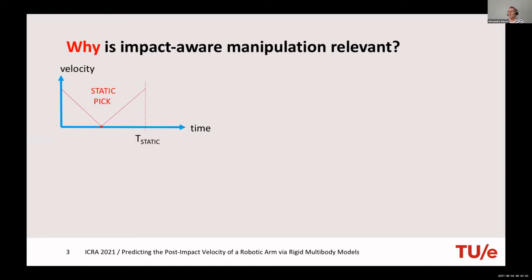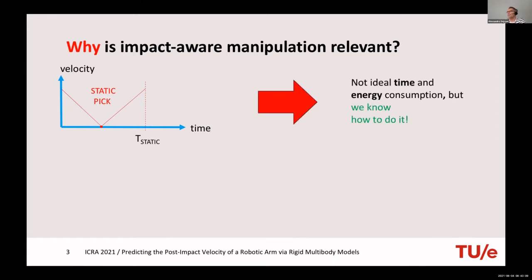And then when the object is picked up, the velocity becomes larger and larger. This is not ideal in terms of time and energy consumption, because we always have to decelerate and accelerate, but we know how to do it. It works wonderfully. There are all kinds of examples in industry where this is happening.